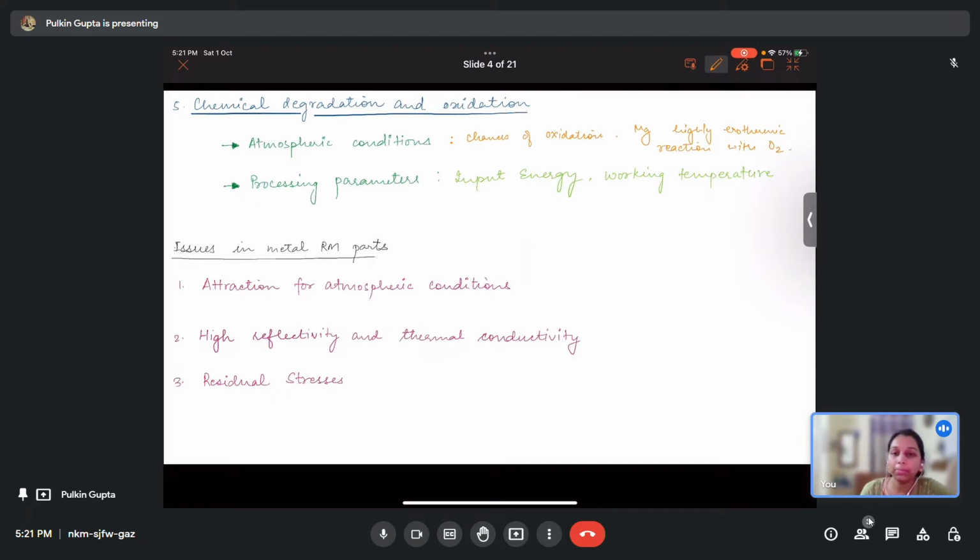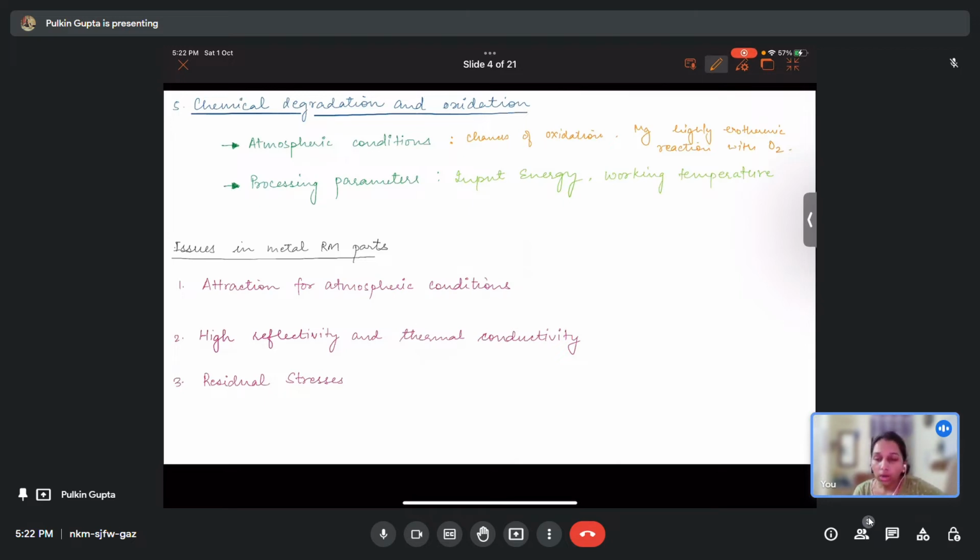So it depends from material to material and how they behave with the atmospheric gases. And next are your processing parameters, wherein input energy and working temperature are major factors affecting the chemical degradation and oxidation. So at higher temperatures, the metallic elements usually tend to form their oxides. So in order to avoid the formation of metallic oxides, we need to have controlled atmospheric conditions as well as controlled processing parameters.